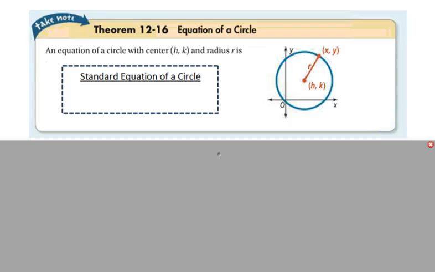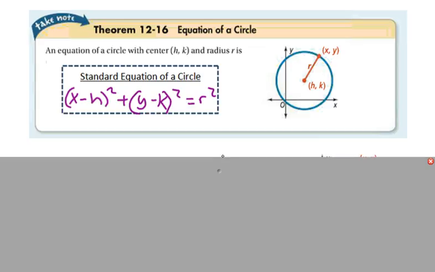The standard form equation, derived from the distance formula, looks like this: (x minus h) squared plus (y minus k) squared equals r squared.